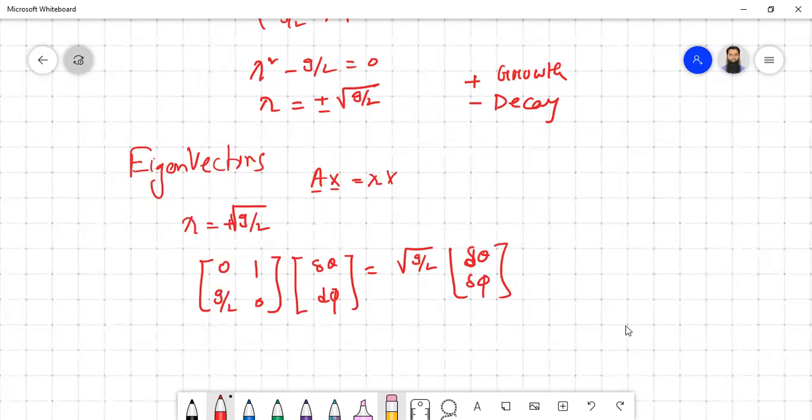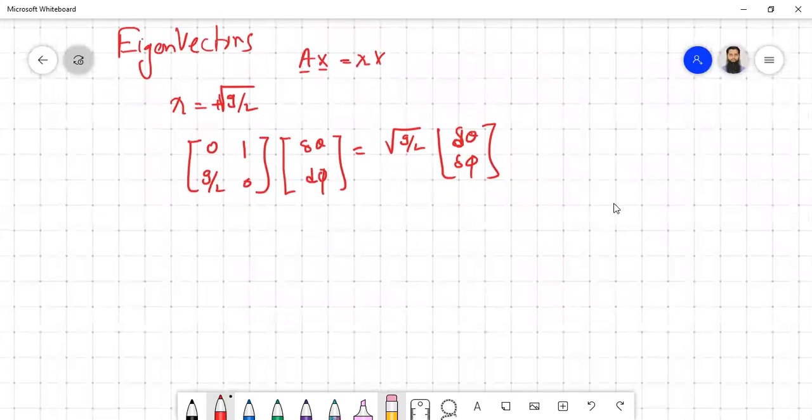Now, we know that both equations will give the same result, so we can just write one, but still it's up to you. So del phi should be equal to root over g by L del theta.